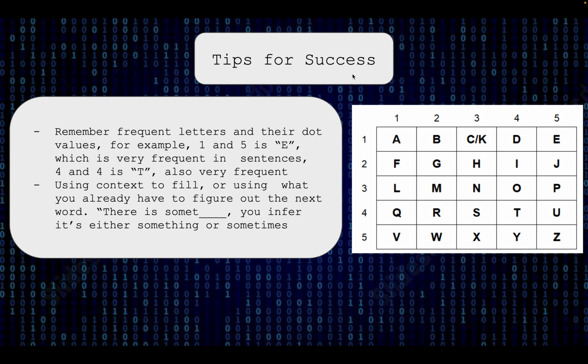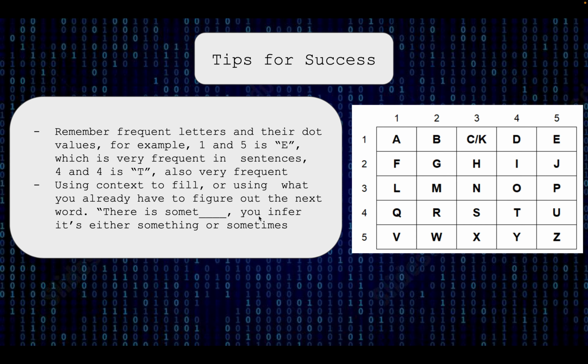So if you see one dot and then 5 dots following it, then you would most likely know that's E. Same thing for T, which is easier to remember because it's just a 4 and 4. Should be pretty easy to remember that because 4 and 4 equals T.